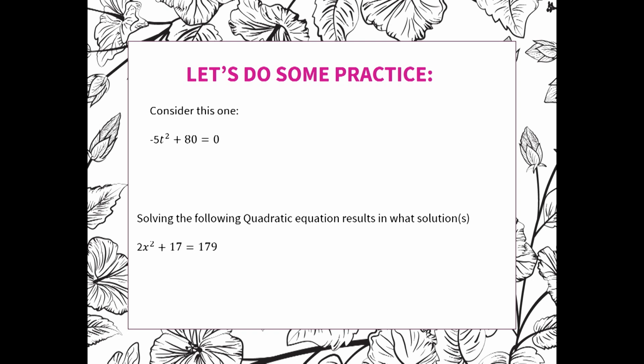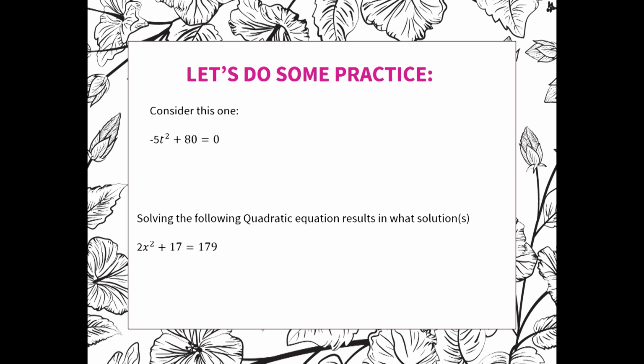Let's do some practice. Let's consider this one. Negative 5t squared plus 80 equals 0. So how are we going to work this one? Well, first thing I'm going to do is I'm going to see if there's any, what? You're right, GCF. So do I have a GCF? Maybe.